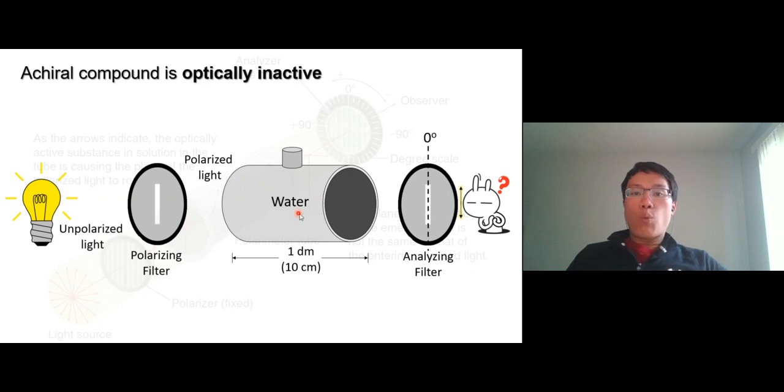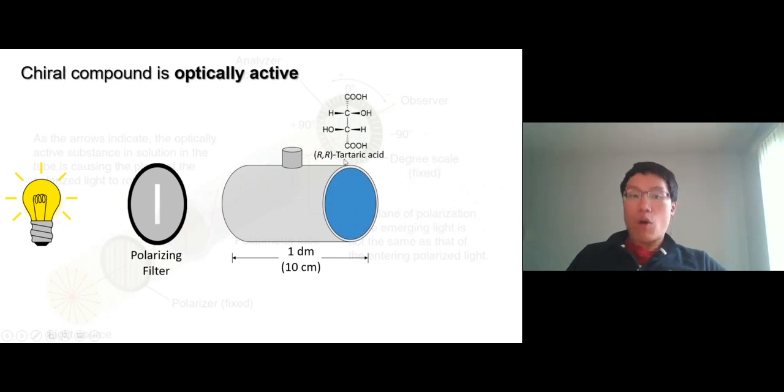Now, replace this water with a chiral compound, not an enantiomer, just a chiral compound. We have a solution of it, of RR tartaric acid. Now the light source comes in and becomes polarized light, and the polarized light travels through this solution. Look what happened. It gets turned.